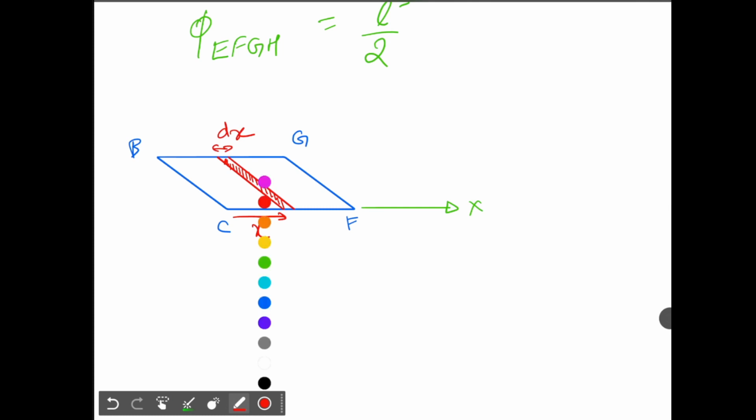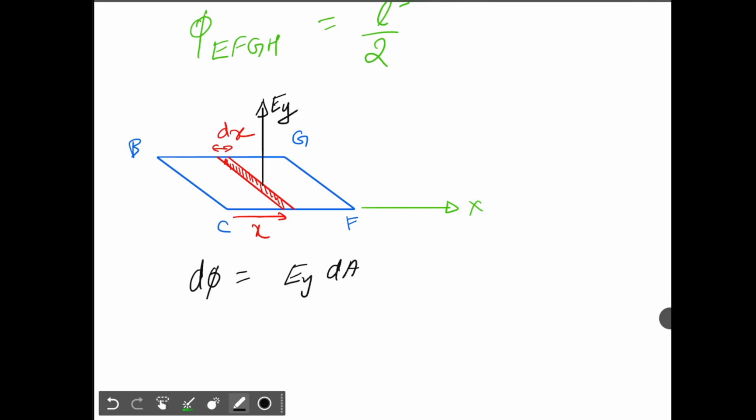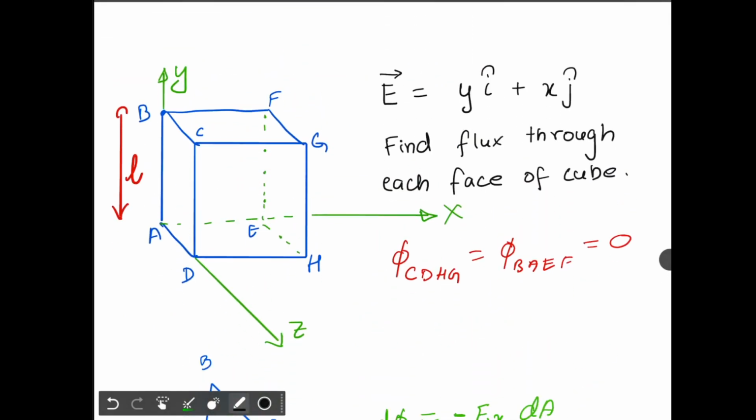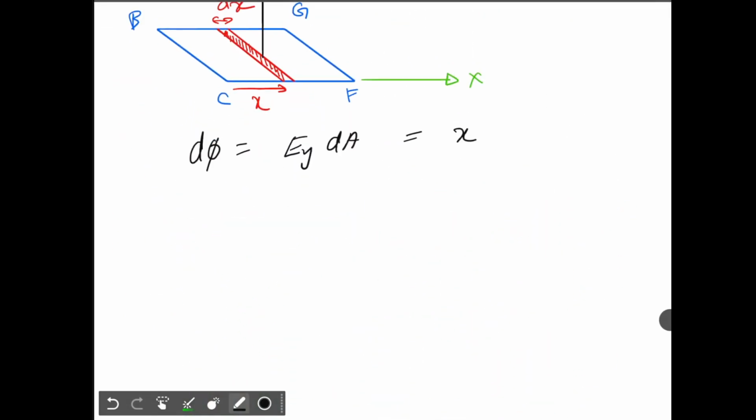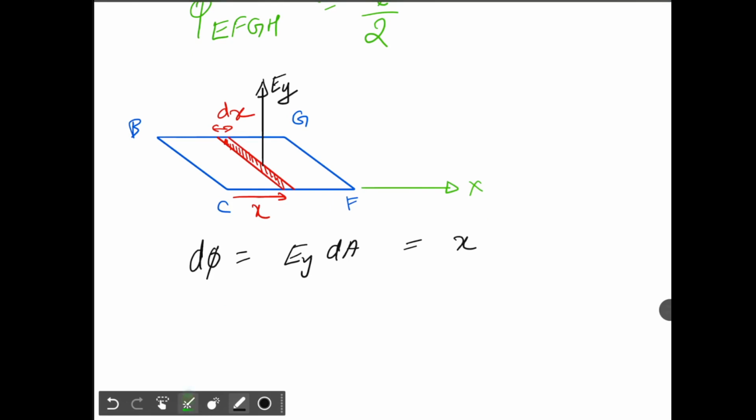And if you talk about the electric field, y component is coming out of the plane like this. So we can find out the flux d phi will be what? Ey into area dA. So Ey is how much? Ey will be x j cap. So we have x, and area dA will be what? Length of the strip is L, thickness is dx. So L dx. So flux phi will be L integration x dx.